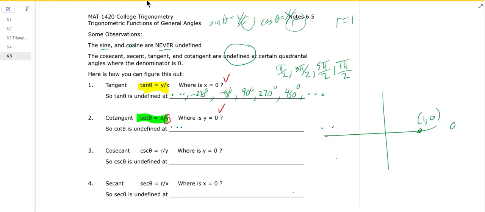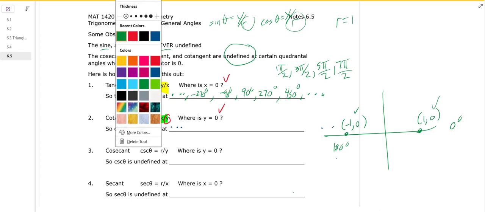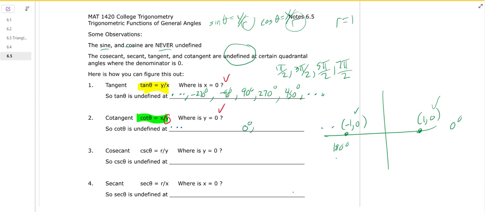There's two places that happens. One of them would be 0 degrees, where you have y is 0. The other place would be at 180 degrees, where you have negative 1, 0. And again, you're going to follow a nice predictable pattern on this. You're going to have 0 degrees, 180 degrees, and then you just keep going around the circle. You'd be at 360. It's going to go by 180 degree increments forever, and then you can go clockwise, so you can get this same pattern.